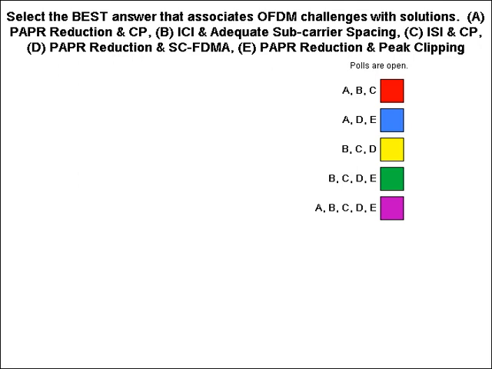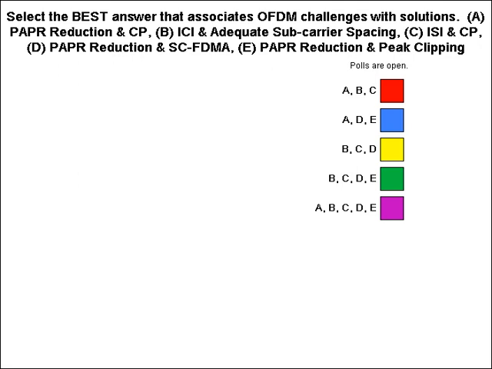So if you are thinking of A, do we have cyclic prefix to solve peak to average power ratio? Think. Option B, having adequate subcarrier spacing, does it help ICI? About C, if we have cyclic prefix, will it help us with inter-symbol interference?